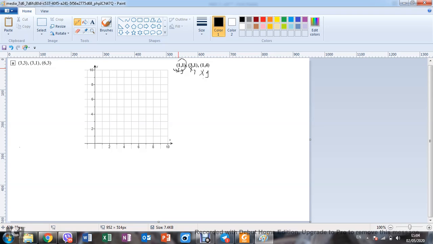So x is 1. So where's 1? Here is 1. I draw a line until here. Again, y is 1. So look, I draw a line from here to here, and when they join together, I put 1 point.